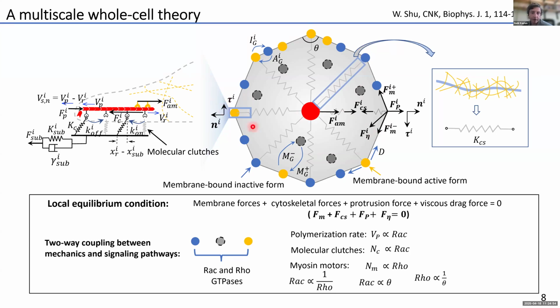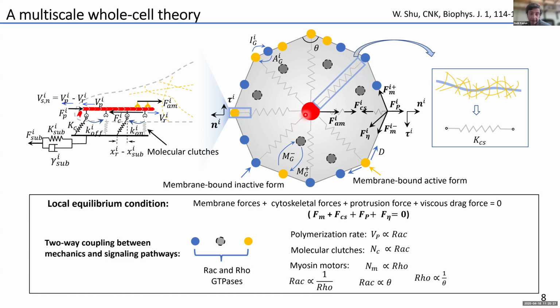Then there needs to be a force balance at the interface between the protrusion force associated with the actin growth, the cytoskeletal force associated with the springs here, the contraction associated with the actomyosin at the interface, and the elastic membrane forces around the cell, etc. So there needs to be a force balance at each vertex, but there also needs to be a global force balance at the nucleus right at the center.